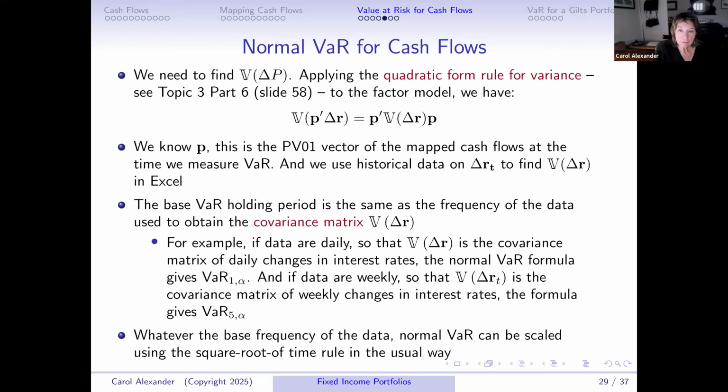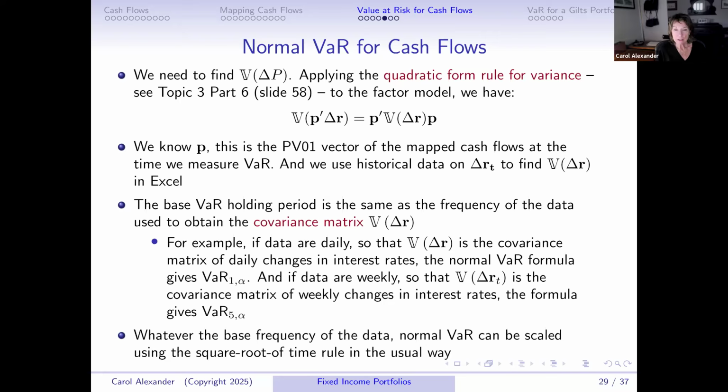If you're not familiar with the form of this, before, in topic 3 part 6, on slide 58, we had W prime VW, where W were the weights and V was the covariance matrix. So this is very similar here. We've got P prime VP, where V is the covariance matrix, V delta R in particular.